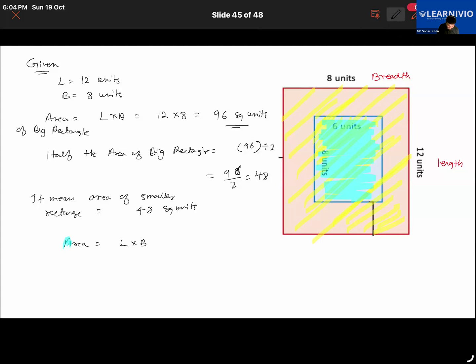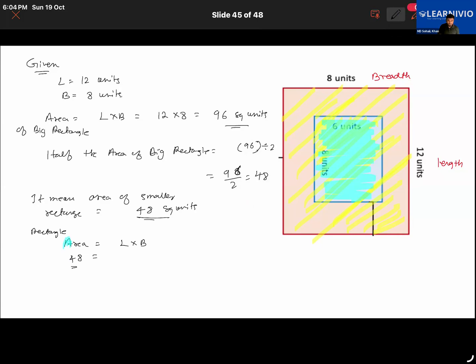We are talking about a rectangle right here. Obviously the area of this smaller rectangle is half the area of the bigger rectangle, as I am saying. We need to now find out what could be the length and breadth. How can you get length and breadth?